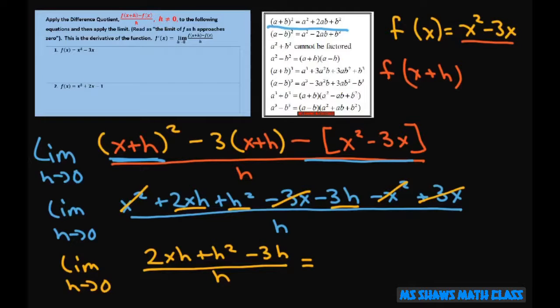Second step is to do your greatest common factor, or your highest common factor, and factor out an h. h times 2x plus h minus 3, divided by h. Now what's going to happen is the h's cancel, so we're going to get 2x plus h minus 3. So the limit of 2x plus h minus 3 as h approaches 0.